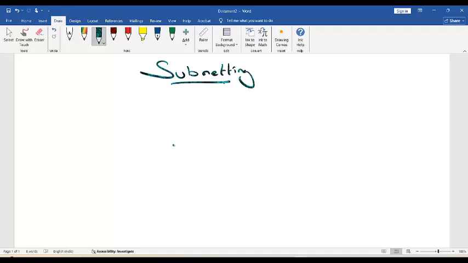Each department needs to be isolated from one another. Each department needs to be placed into a different local area network. For that, each local area network needs a network. If I have 5 departments, then I need 5 networks.